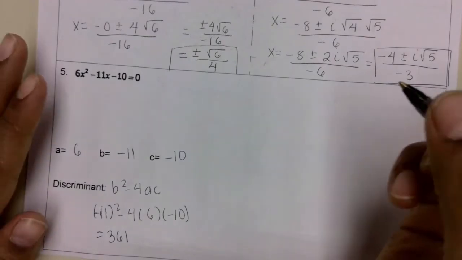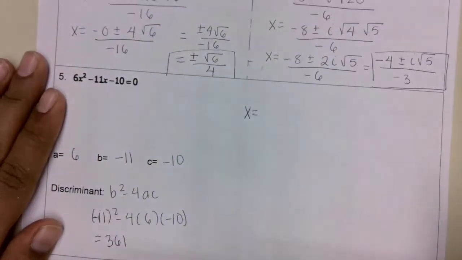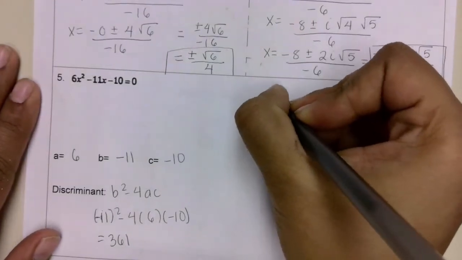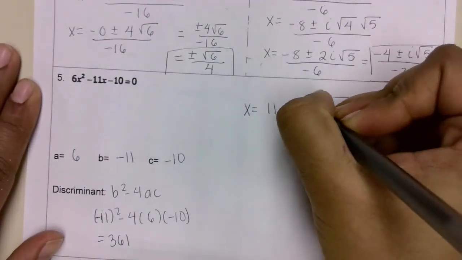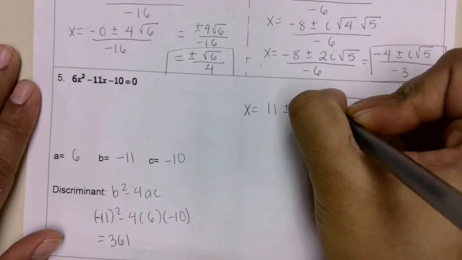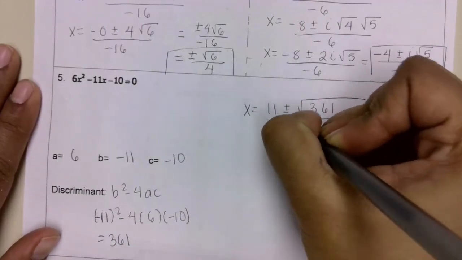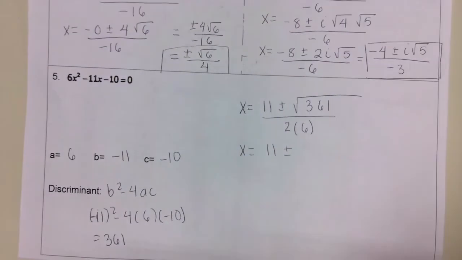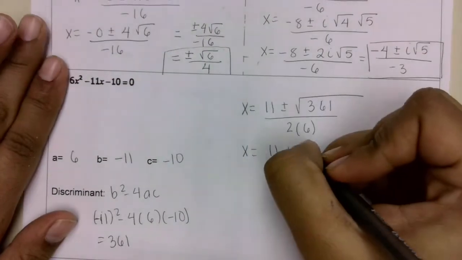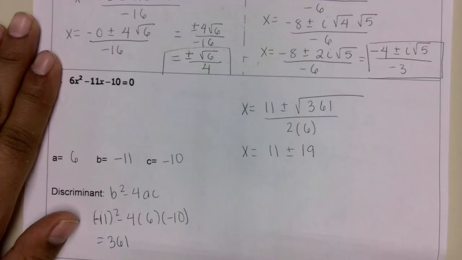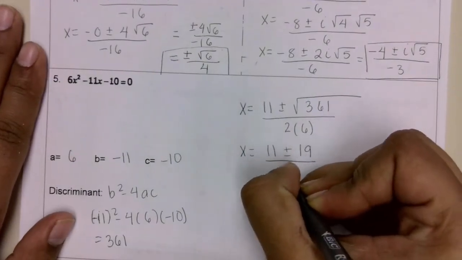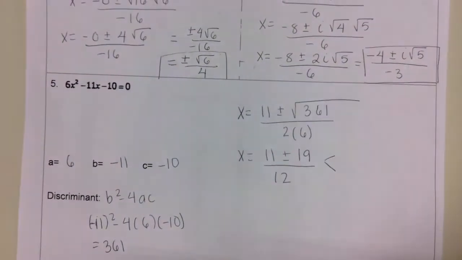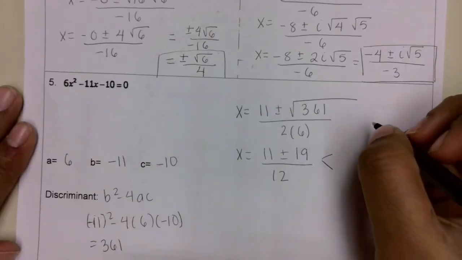All right, so go ahead and plug your discriminant back into the quadratic formula. So x equals negative b plus or minus the square root of 361 all over 2 times a, which is 6. 361 is a perfect square. The square root of 361 is 19, divided by 12. Split this up, excuse me, into 2 separate equations.